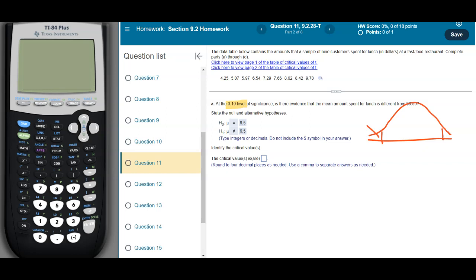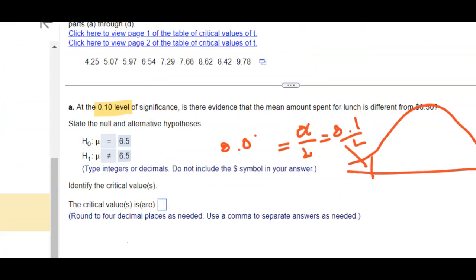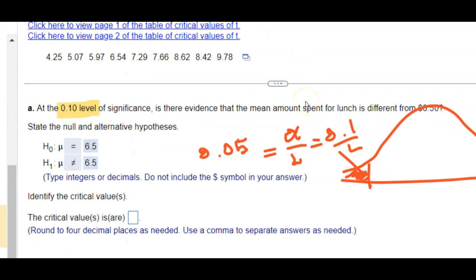So this is going to be alpha over 2, which is 0.1 divided by 2, and this is going to be 0.05. What we're going to do is use the table to find the critical value.